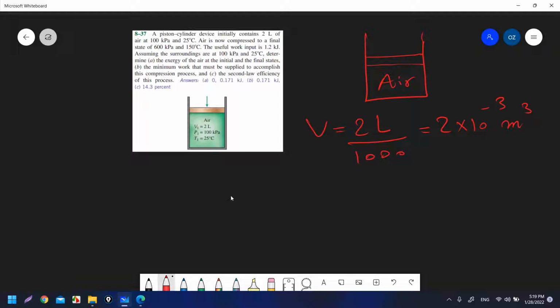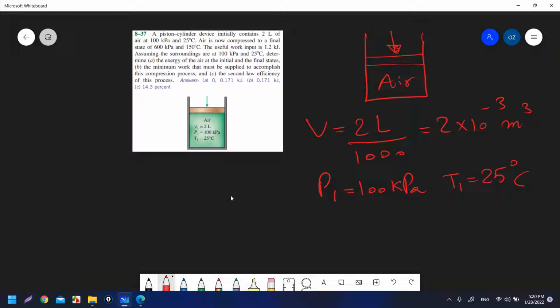Okay, we have the pressure P1 equal to 100 kilopascal and T1 equal to 25 degrees Celsius. Air is now compressed. He said it is compression. Tamam. When it's compression, we are predicting it is a work in. So if he asks me about work reversible, we'll say it is work reversible in, not out, because it is a compression process.